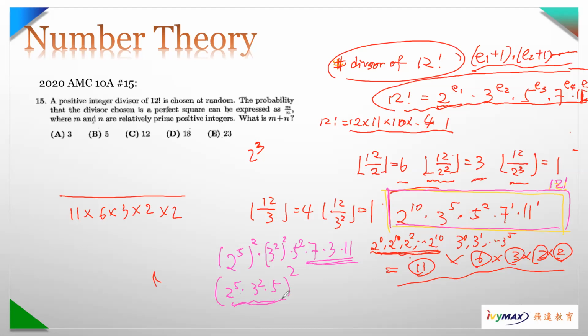Okay, how many divisors of these values? Well, similarly, we have 5 plus 1 times 2 plus 1 times 1 plus 1. This should give you the value of 1 over 22. And you want to sum them up, the answer is E.